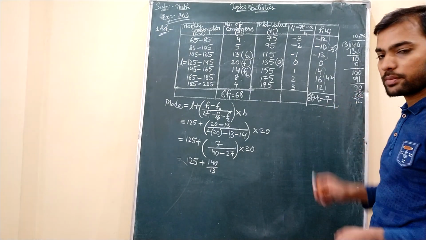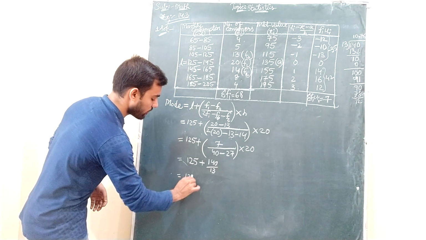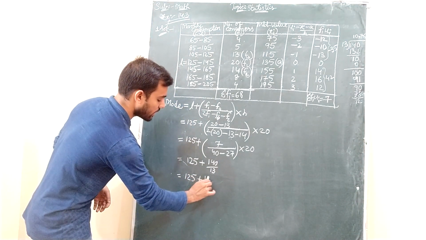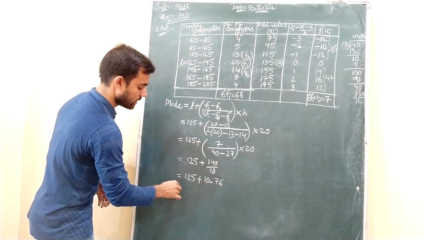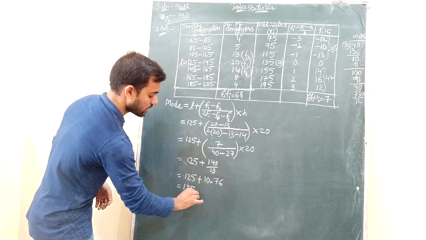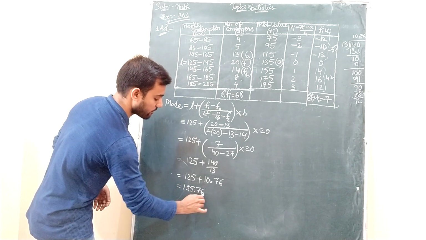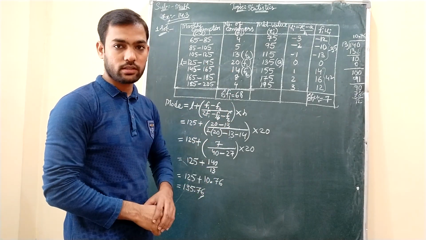So that is the reason we will stop here only after 2 digits. We got 125 plus 10.76. When you add them both, you will get 135.76. So 135.76 is the mode of this frequency distribution table.